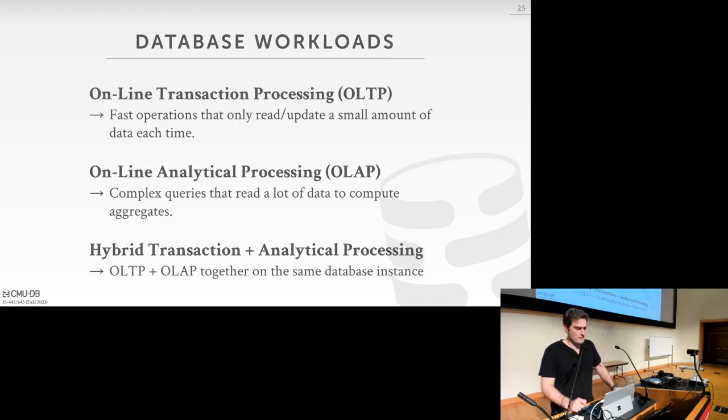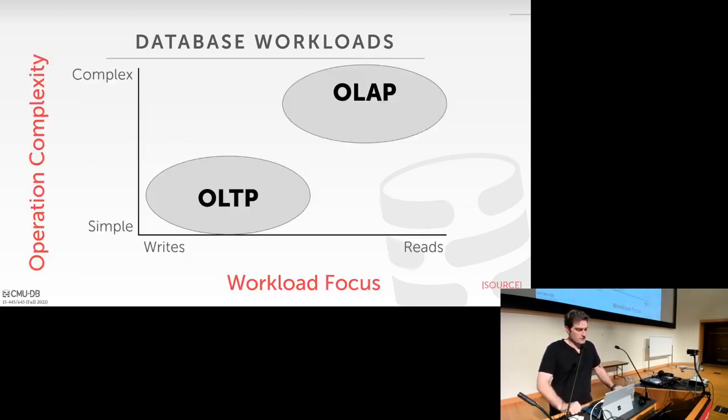If you think about the spectrum here, on the x-axis is the workload focus. OLTP is more heavily geared towards writes. There are some reads that you need to do, obviously, but think about ordering a new product.